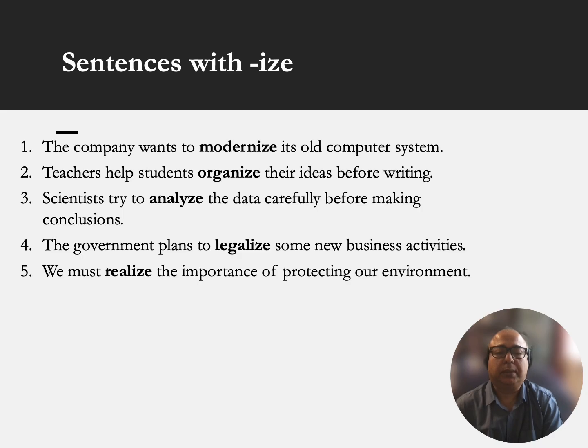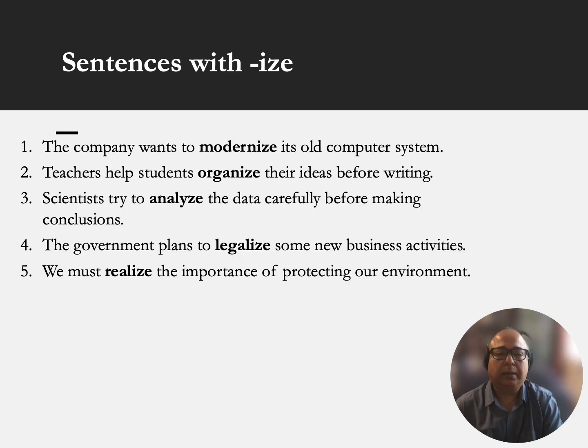Teachers help students organize their ideas before writing. Scientists try to analyze the data carefully before making conclusions. The government plans to legalize some new business activities. We must realize the importance of protecting our environment.